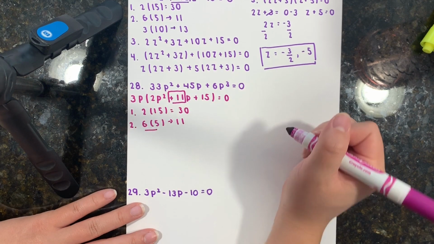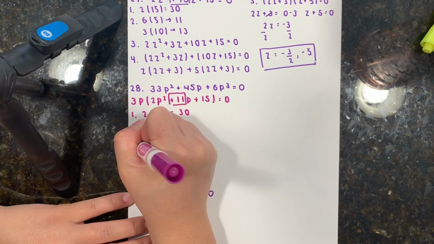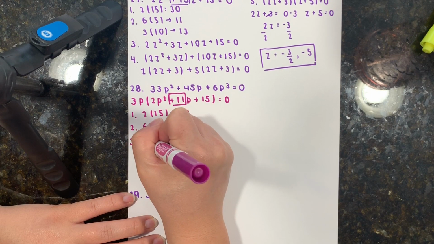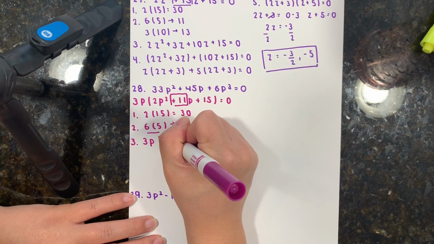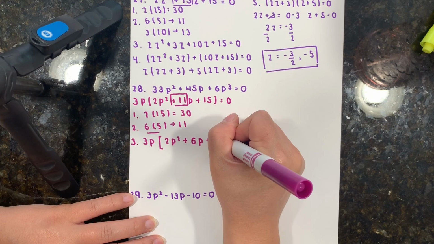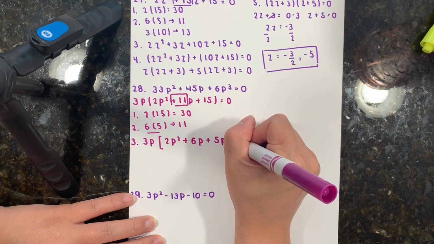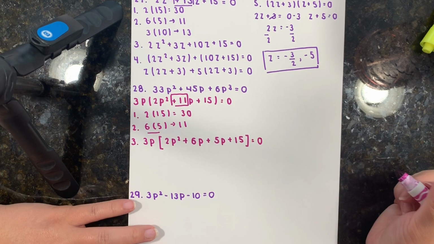So now the 6 and the 5, I'll replace my 11p. So for step number 3, I have 3p on the outside. But then I'm going to have 2p squared plus 6p plus 5p plus 15 equals 0.